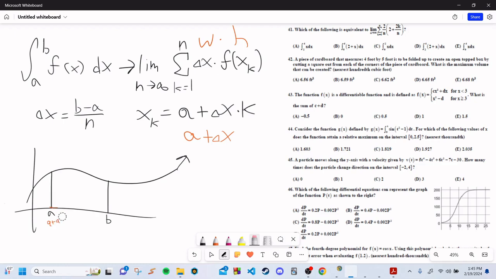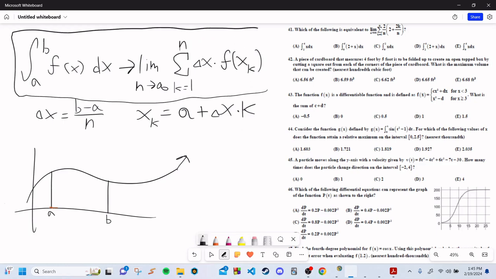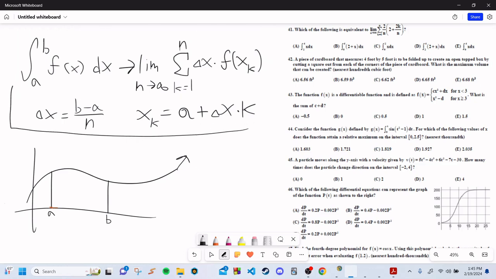Okay, so that kind of explains how this formula, or definition here, works. So you gotta know this. Well, actually, all of this.